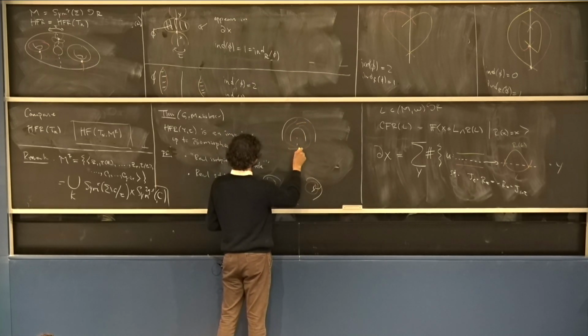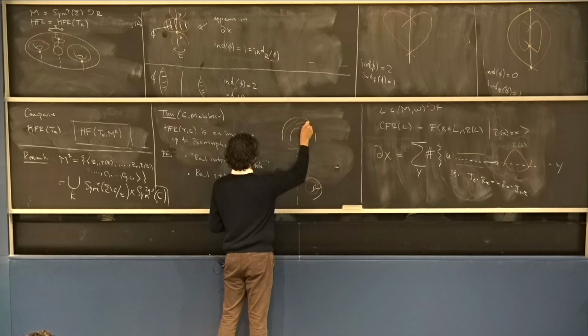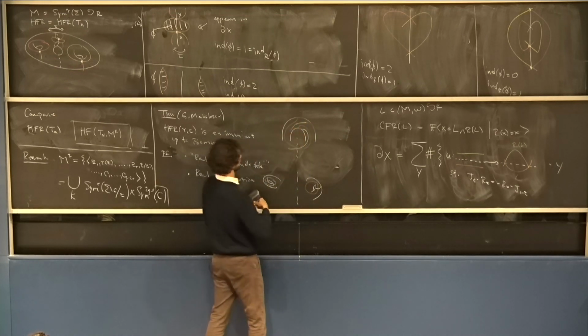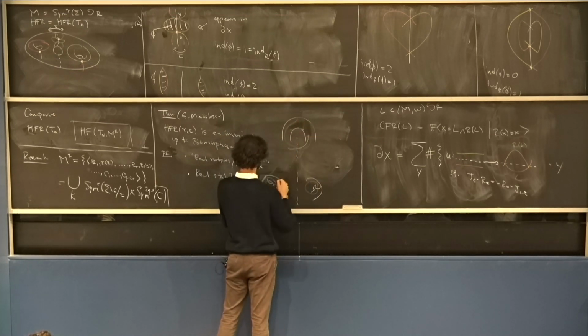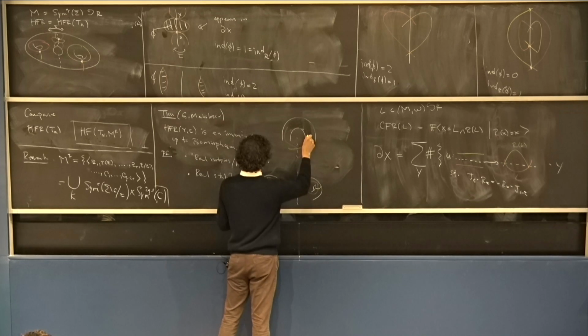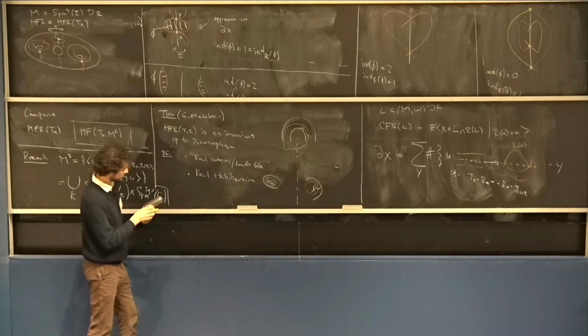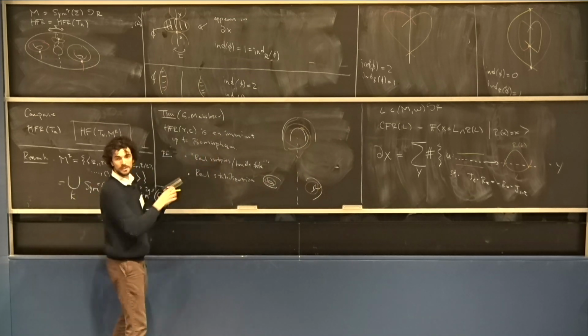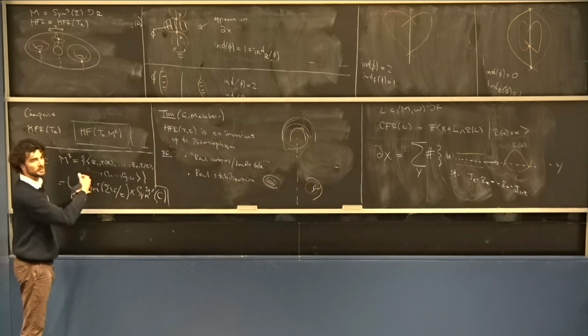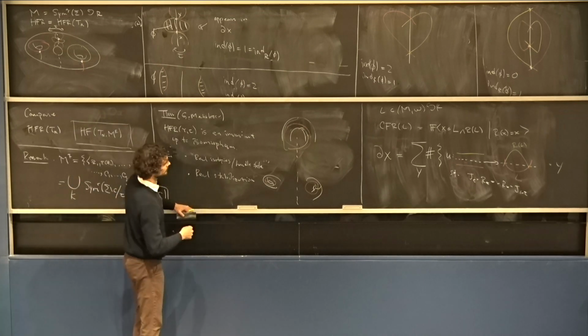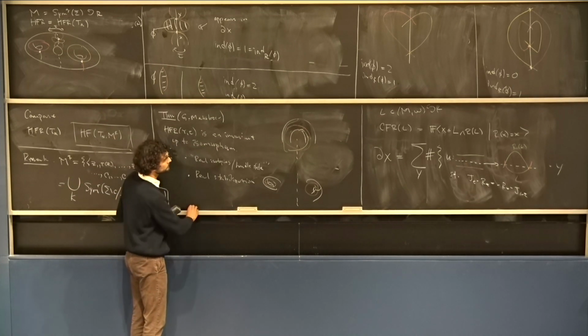I definitely didn't draw that right, sorry, but something like this. And you check that these moves give you chain homotopy equivalences between the various complexes to get invariants.